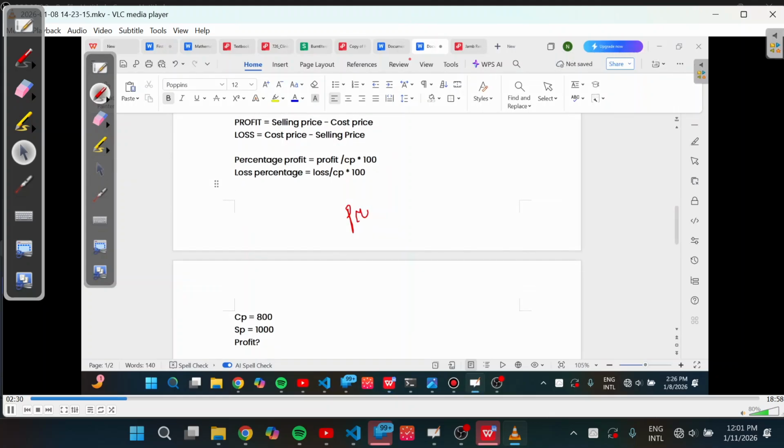So very simply, let's rewrite the formula for profit. So profit is given to be selling price minus cost price. So SP minus CP. But there's one common fact about how to identify what the question is asking us, because sometimes they may not tell you that you should calculate profit percentage.